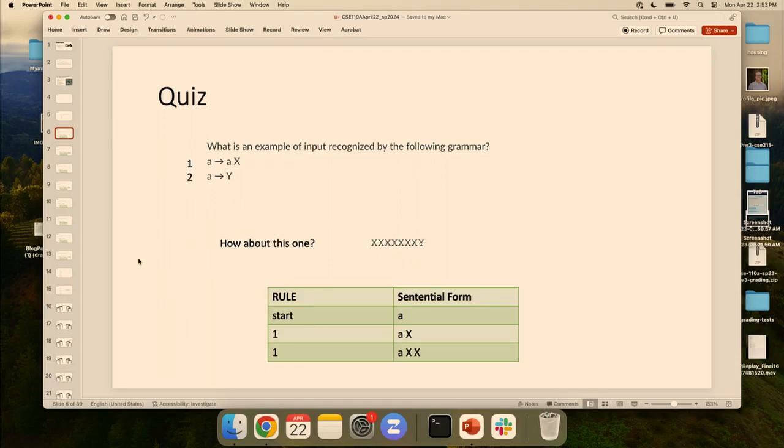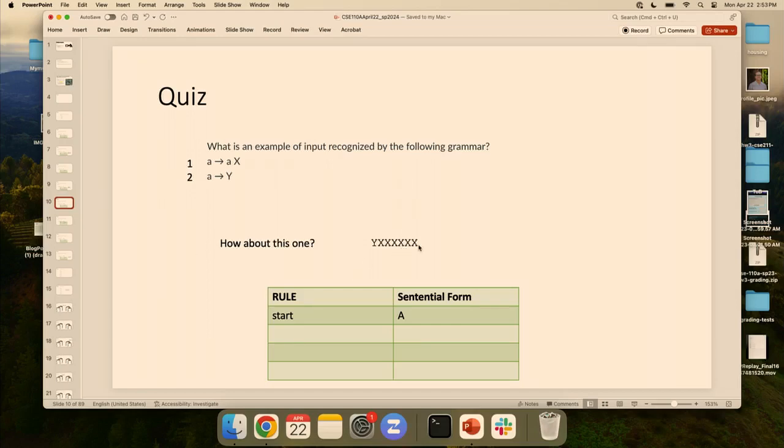And again, the way to think about that is maybe not just squinting at this and scratching your head and thinking really hard, but actually walking through a few derivations and trying to see what strings you're able to make. So similarly with XYYY, we said that we can't end anything with a Y, so this one's not going to work.